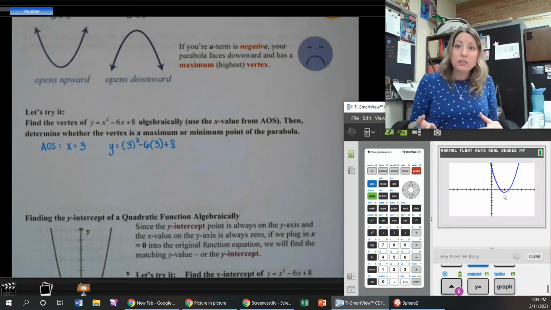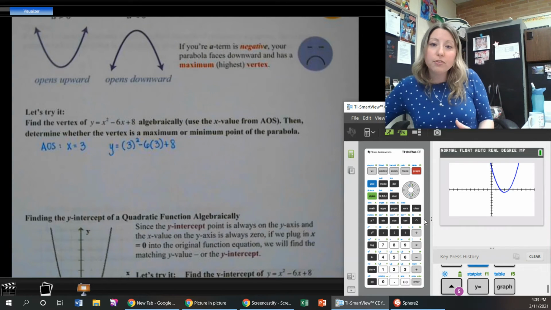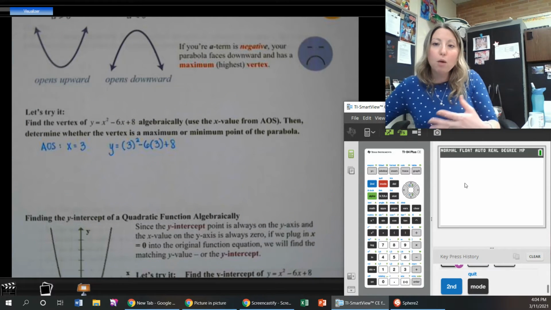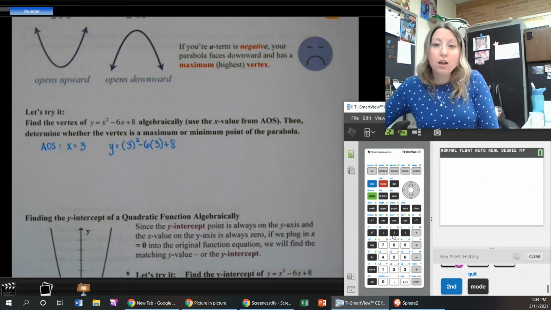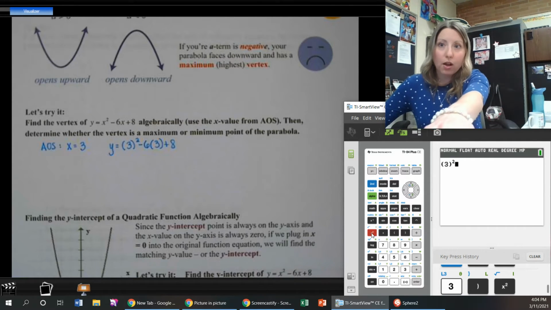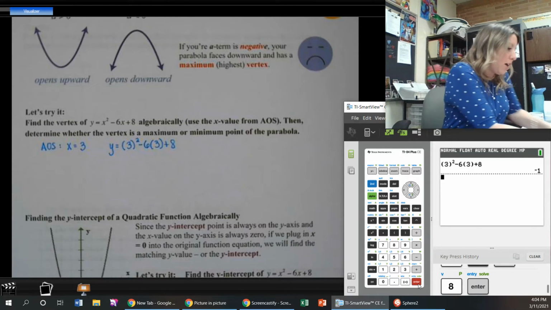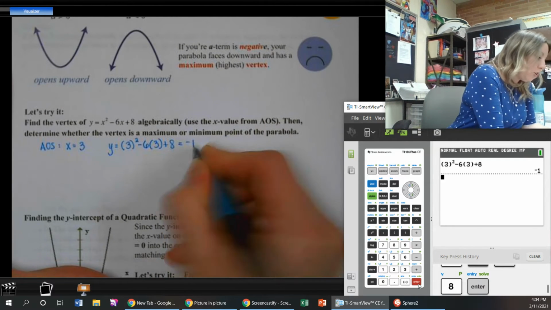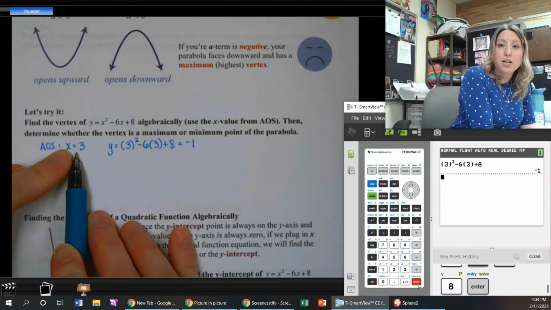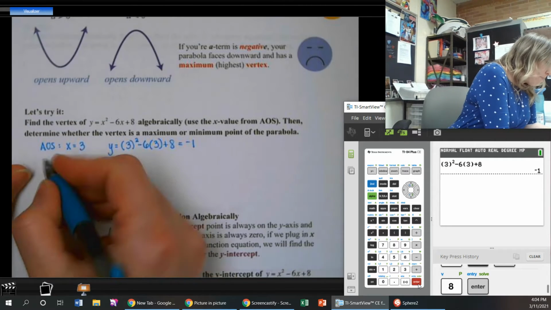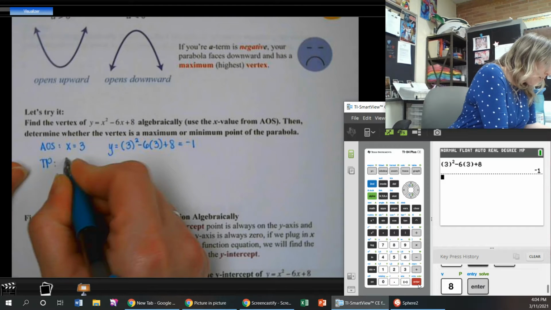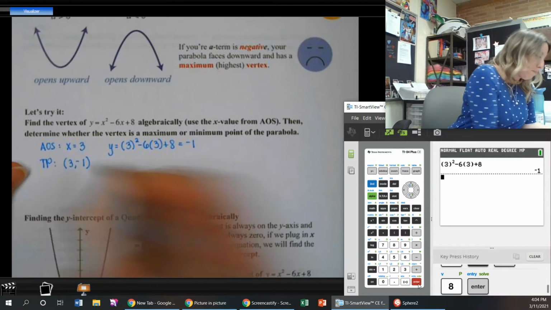Okay, I can do this in my head, but I do have this calculator that can help me do the calculation if I plug this in. So 3 squared, and again, in parentheses squared, minus 6 times 3 plus 8 will give me negative 1. So that means the matching y value for this x value of 3 is negative 1. That means the turning point coordinates are 3 comma negative 1.